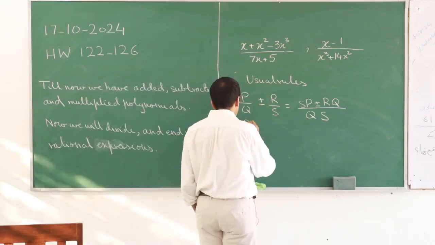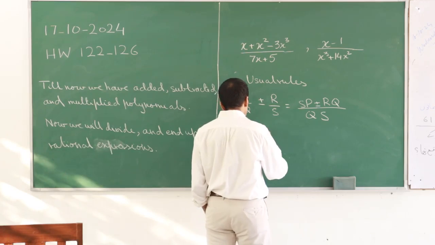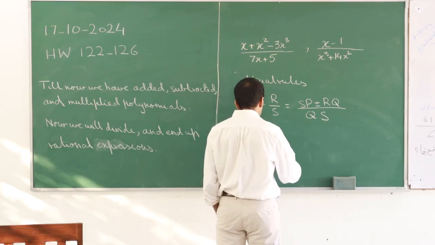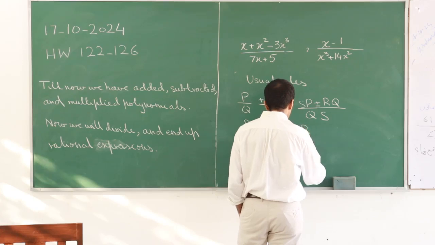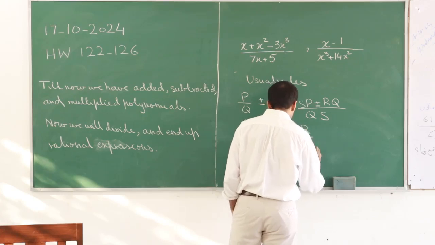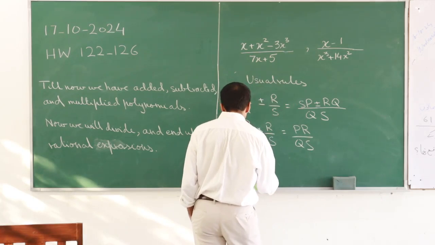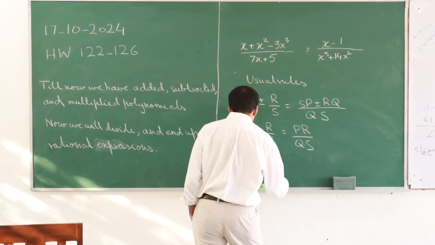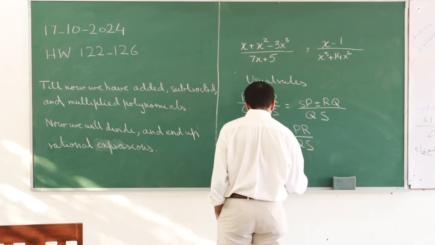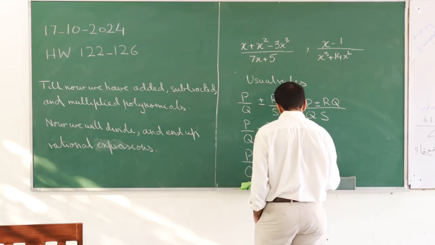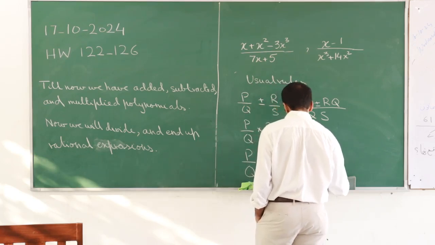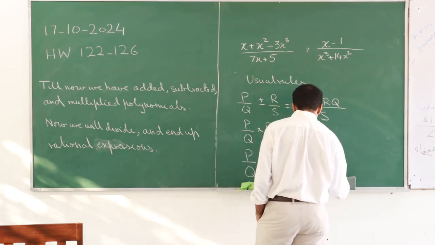Similarly, these usual things work. P over q multiplied by r over s would be multiply the numerators and multiply the denominators, right? And if you wanted to divide P over q by r over s, that would be P over q multiplied by s over r.